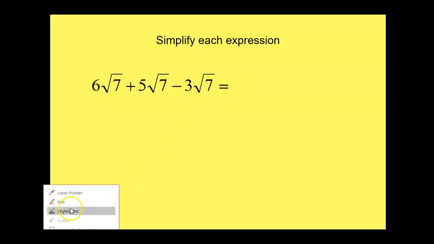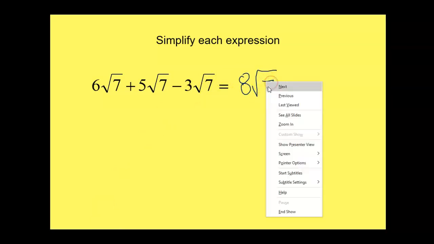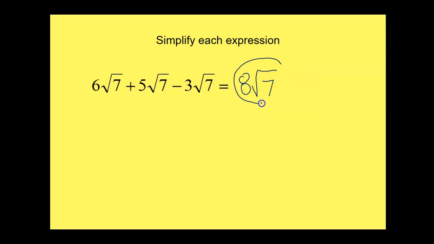So this would just be equal to 8 square roots of 7. Just like when we're doing polynomials, if I were to add 2x squared plus 5x squared equals 7x squared, we don't change the radical, just like we don't change the variables or the exponents here. So we just add the numbers out front.